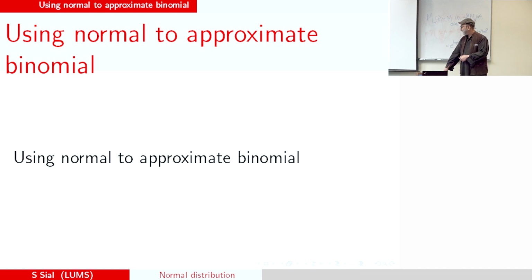The underlying distribution in some cases might be binomial, but under some circumstances, the normal can be used to get approximate results when the underlying distribution is binomial. Okay?